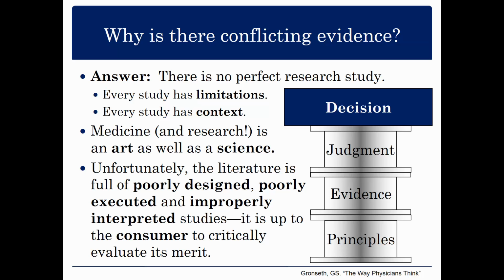There's always uncertainty associated with the results of every study. Every study has limitations. Every study has context. What one designs to produce evidence for and come to one particular conclusion may not occur in another study designed exactly the same way in the same population.